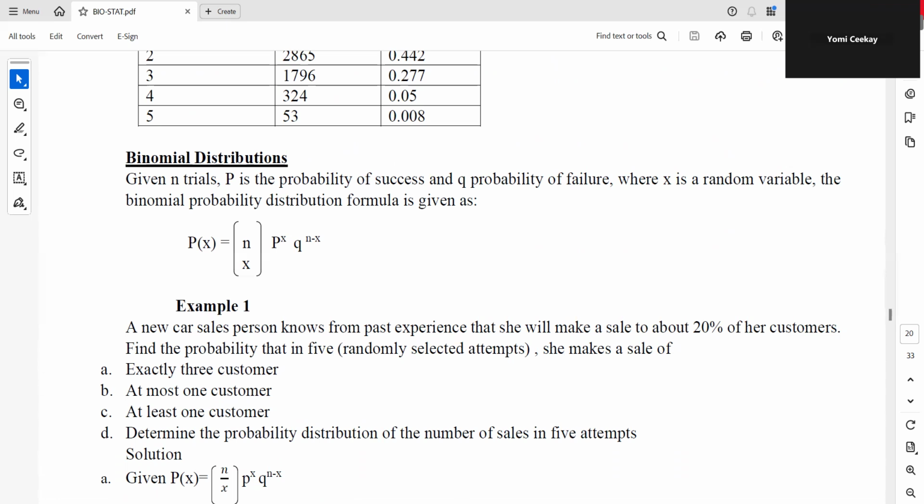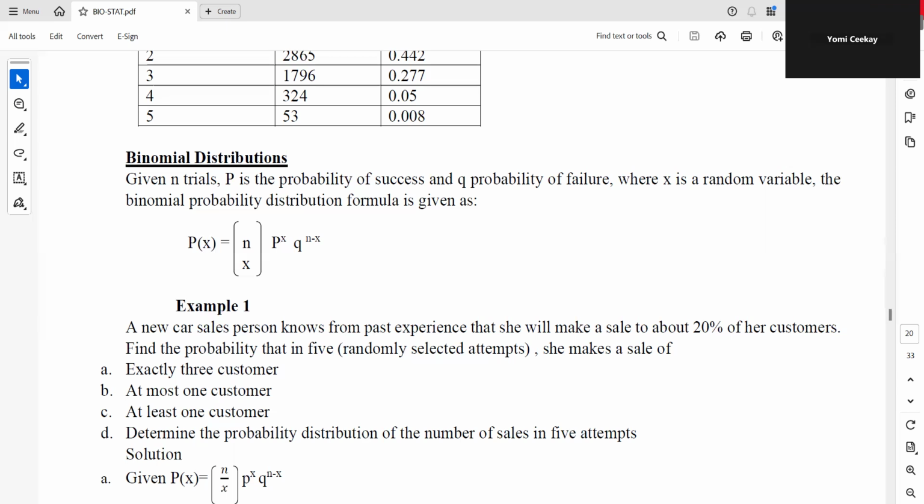Okay, let's look at an example there. A new car salesperson knows from past experience that she can make sales to about 20% of her customers.